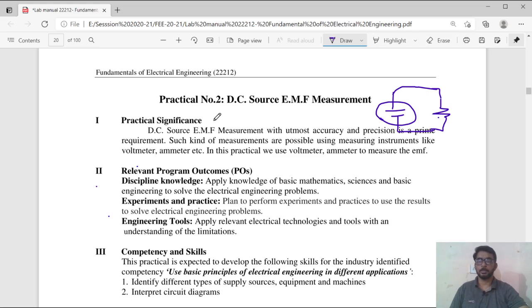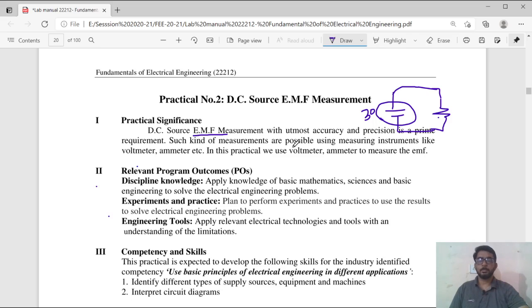Practical significance: DC source EMF measurement with utmost accuracy and precision is the prime requirement. So, for every DC source, this EMF measurement is a prime requirement. If we say it is a 30 volt DC source, what is the electromotive force developed here, and how it will allow the electrons to flow, that will be important when it is connected across the load.